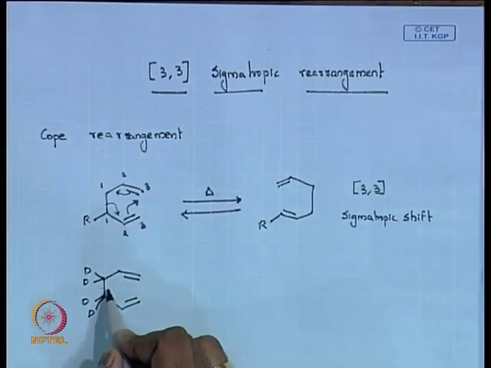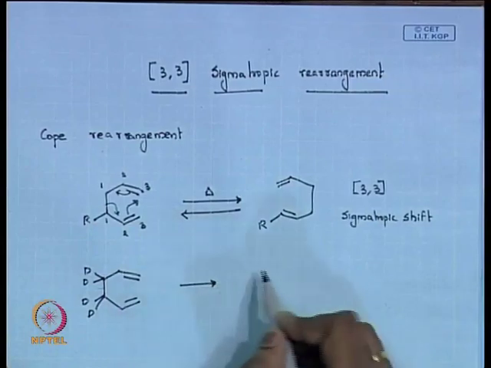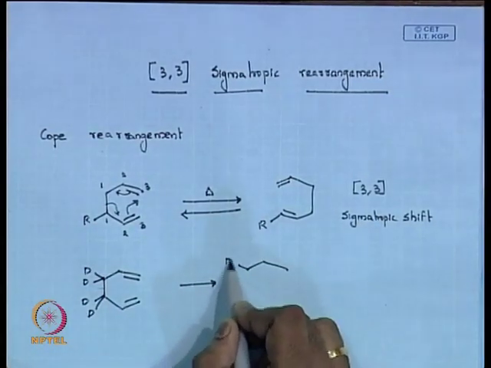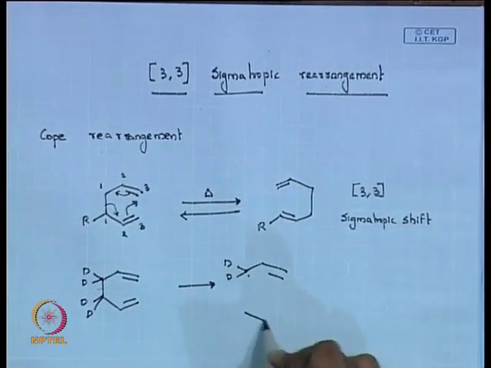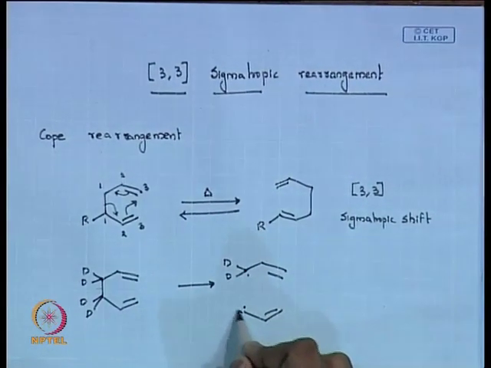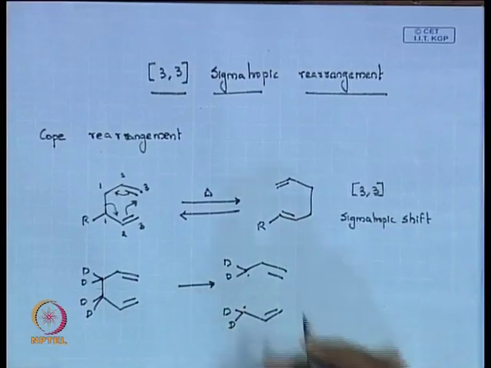If it cleaves here, then you end up with a radical, and I will end up with a radical here. This can directly connect, that is 1-1 combination, or it can do a 3-3 combination, but it can also do a 1-3 combination, the other way around. So, that you cannot find out. That is one good example saying that this chemistry does not work by free radical.